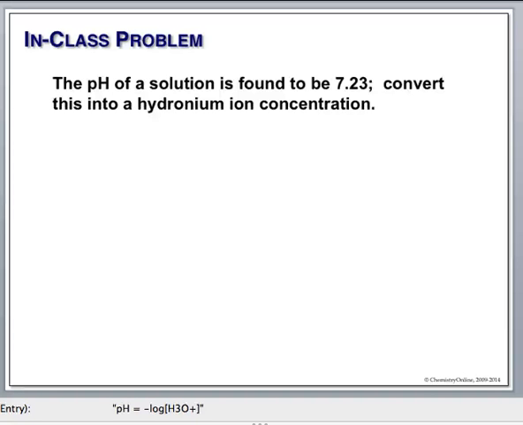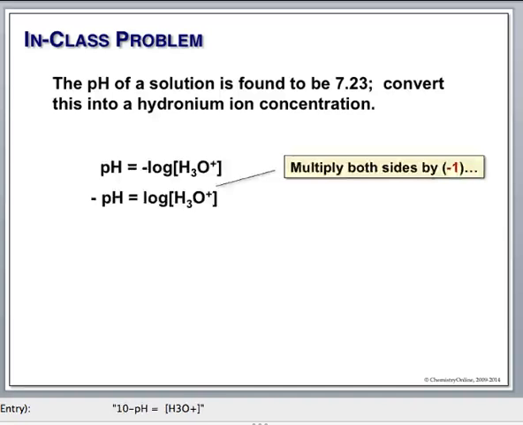Now you need your calculator. We remember pH is simply the negative log of hydronium, right? But what we want is the hydronium. Our pH is given as 7.23.